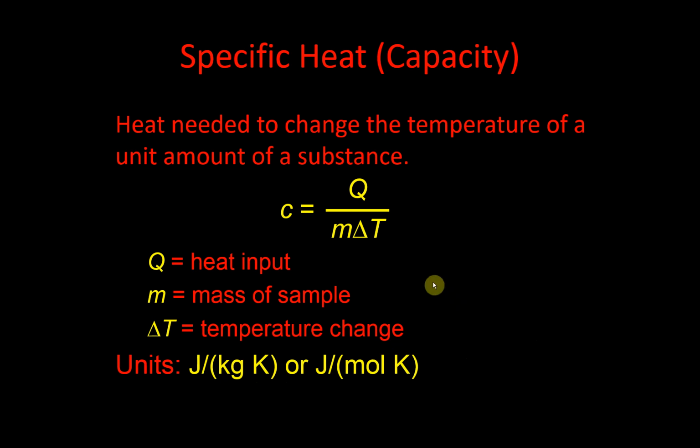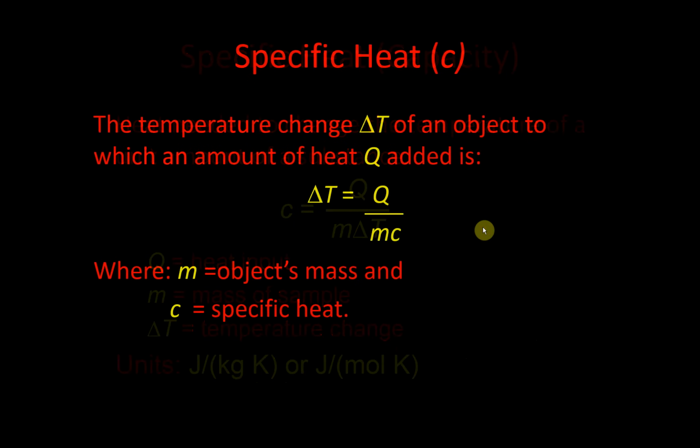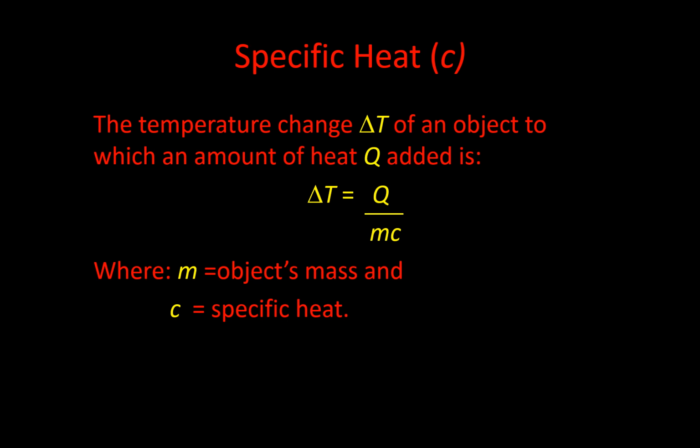So be careful that you're using the right value of C if you were to look one up. Rearranging this equation again, we can of course get the temperature change if we know the heat energy that's input to the system. So here, delta T is Q over mc.